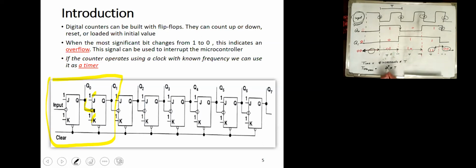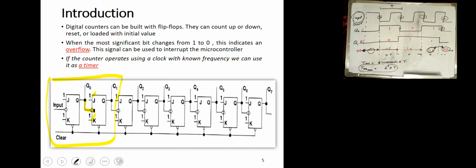What is n? N is the number of bits in this counter. This is the maximum time. This is the instantaneous time, the time at any instant. So this is the maximum time that can be measured before overflowing the timer, which is the instant when the maximum value changes to the minimum value.